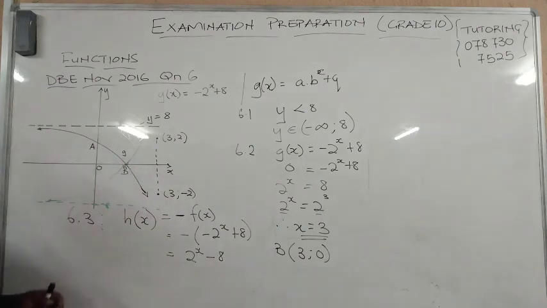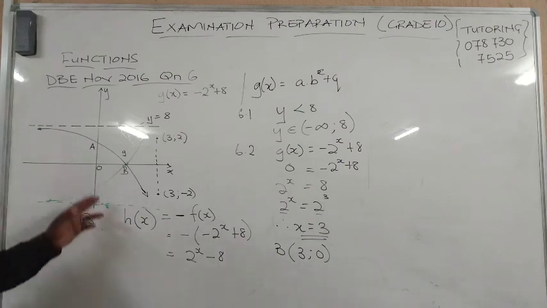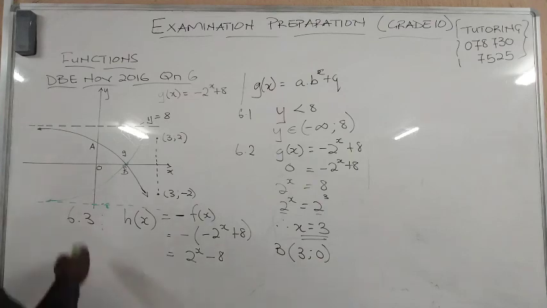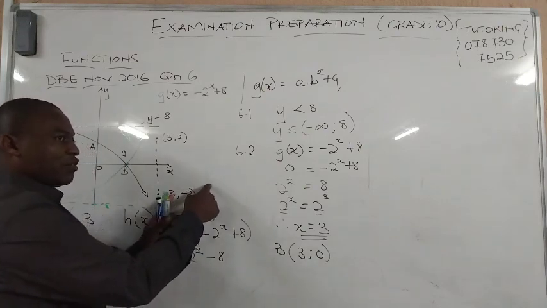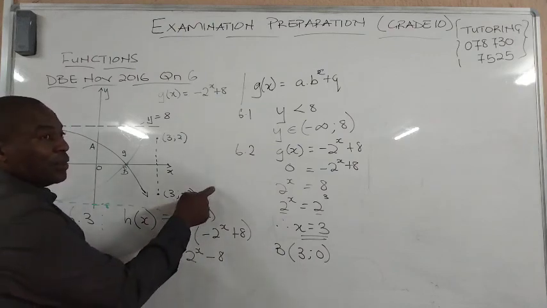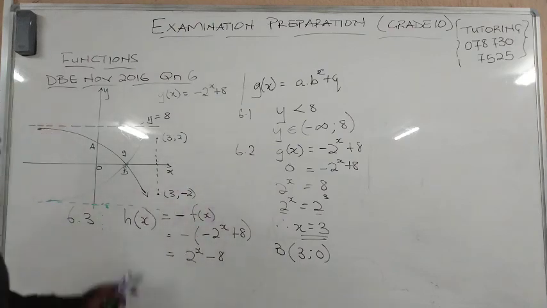So if you use y equal to 0 on h, you get the same answer as using y equal to 0 on g. So basically, we know about the mirror, that if you touch the mirror, that's where your reflection also starts. So you have a common point here at the mirror line.